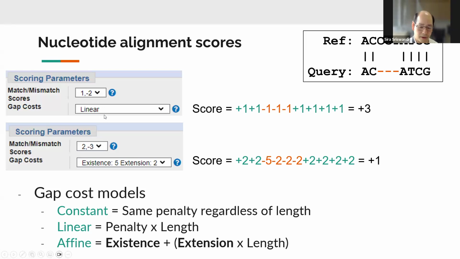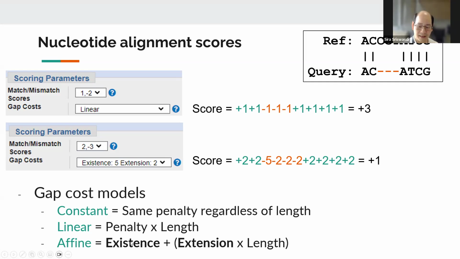There are 3 choices for the insertion deletion. There's a constant model. So no matter how many insertion deletions you put in, you're going to get penalized the same way. There is a linear model where if you insert a longer deletion, like 3 dashes, you're going to get 3 times the penalty. So it's a penalty cost multiplied by the length. And you're going to have something called affine cost, which is also like a linear function.